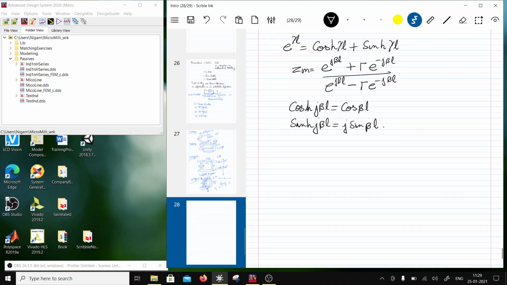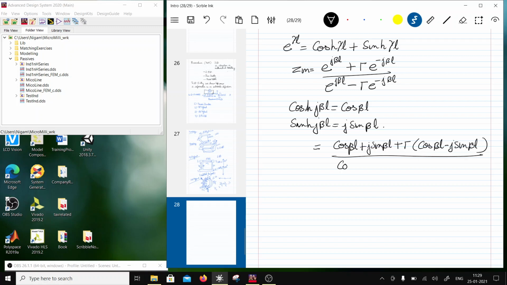Now substituting that into the equation, I would have cos(βL) plus j sin(βL), plus Γ times, now cos(−θ) is cos θ, so in this case it will be cos(βL) minus j sin(βL).